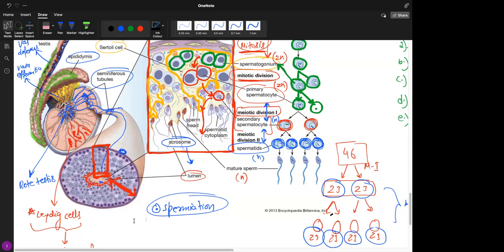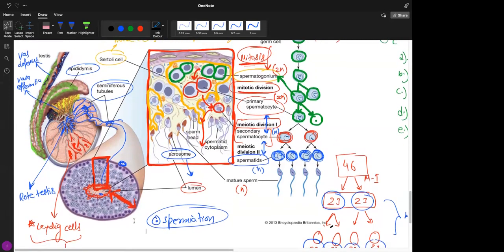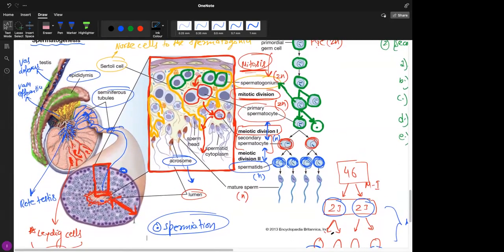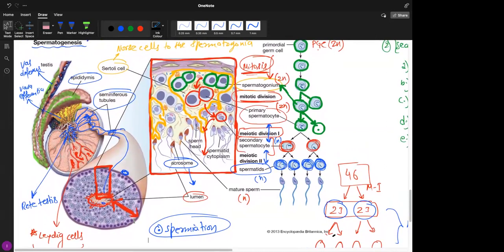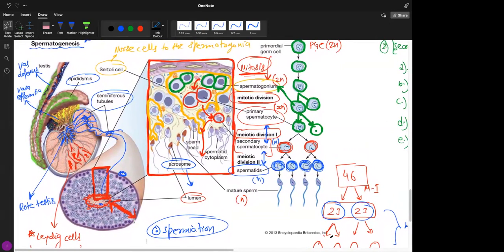So spermiation, write down, is the process of release of fully mature sperm into the lumen by the Sertoli cells.